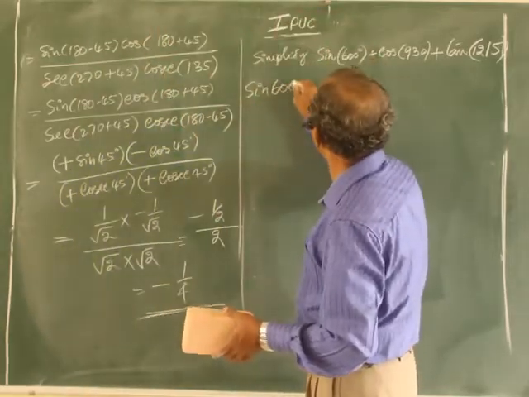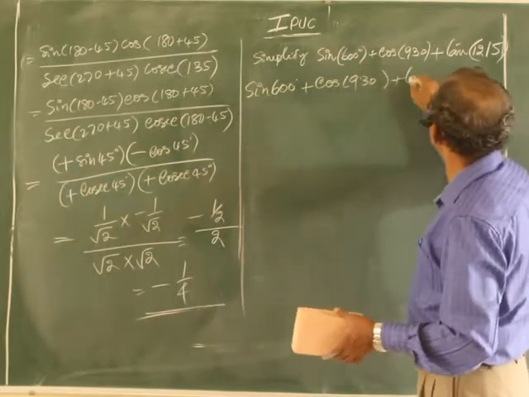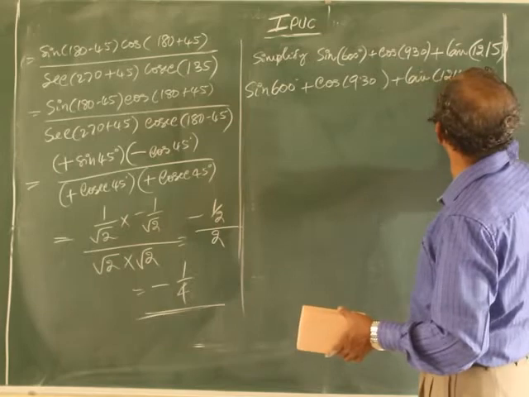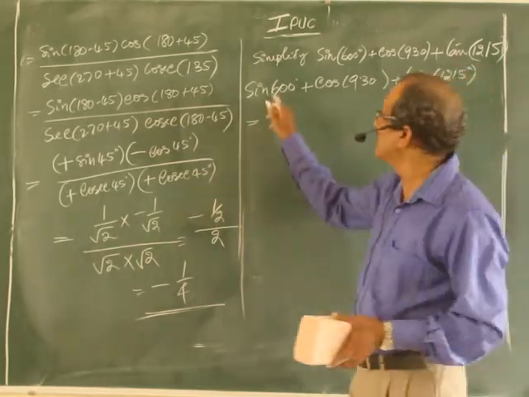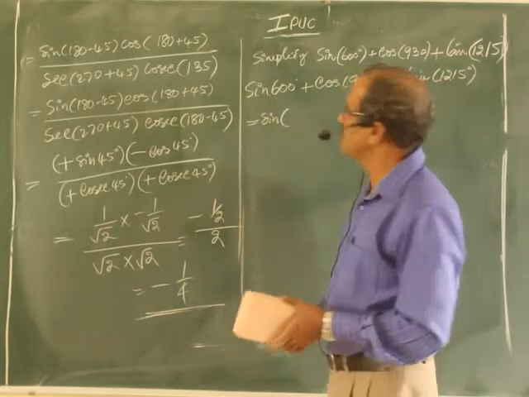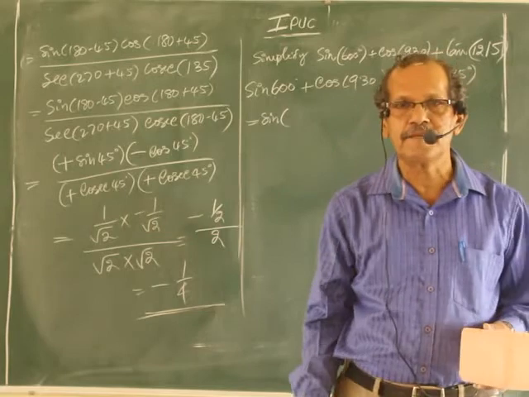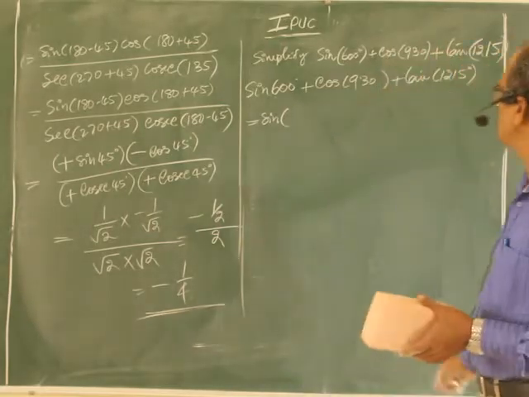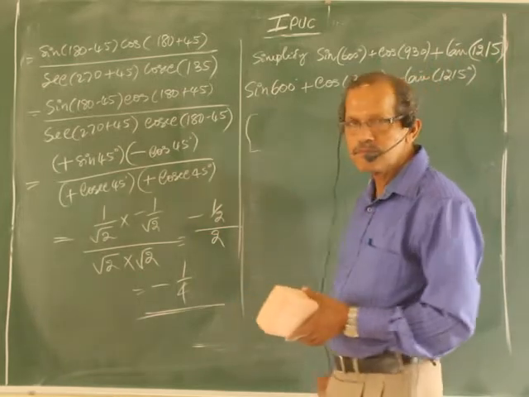Sin 600, cos 930, tan 1215. What you are going to do? Just write sin of, if the angle is more than 360, you have written the formula there. If the angle is more than 360, do you remember that formula?